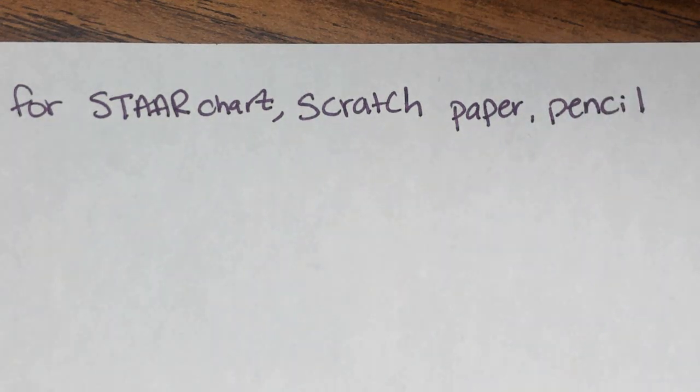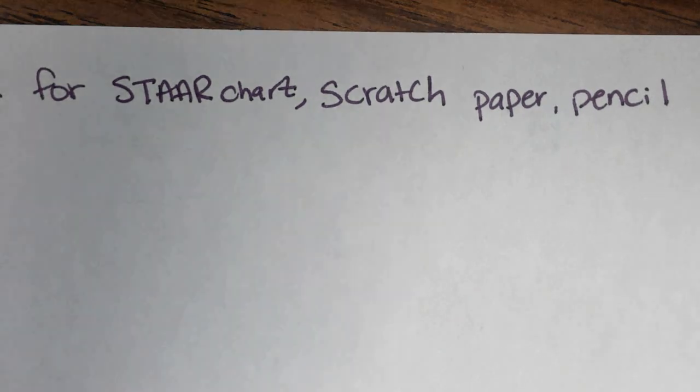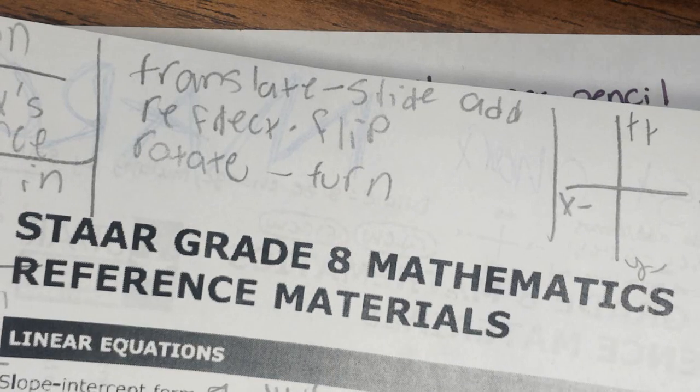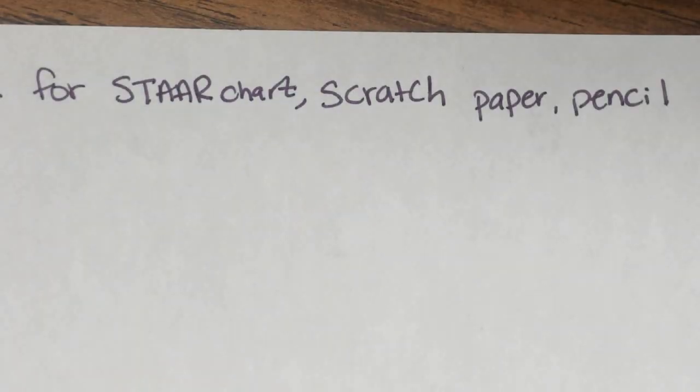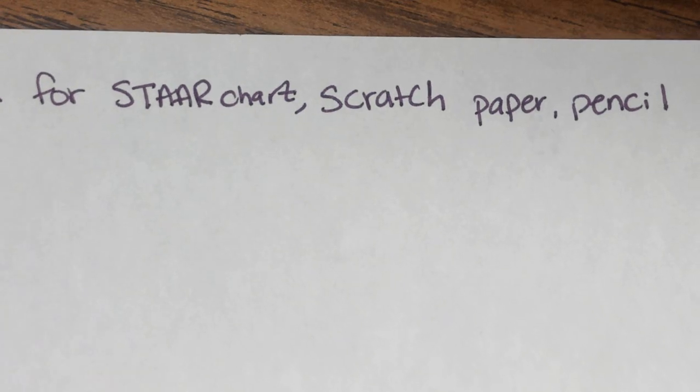The reason we have students ask for a STAAR chart is because we make all sorts of helpful annotation notes about topics we've done this year on the STAAR chart, so they can refer back to this and have some extra information at their fingertips. Now, once they get their STAAR chart, they're going to want to immediately annotate it.